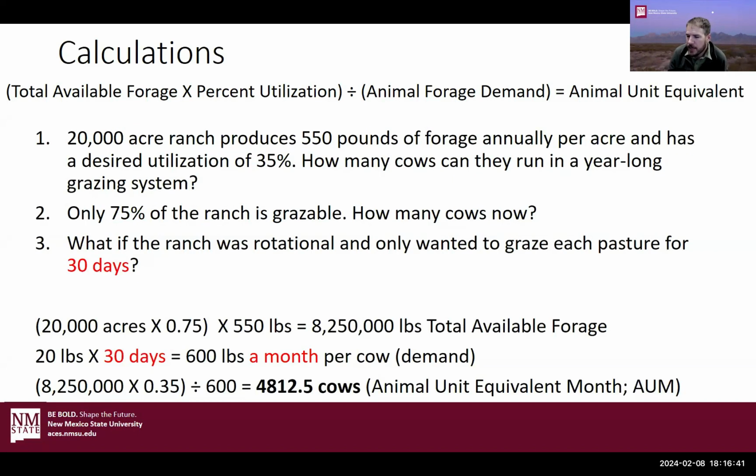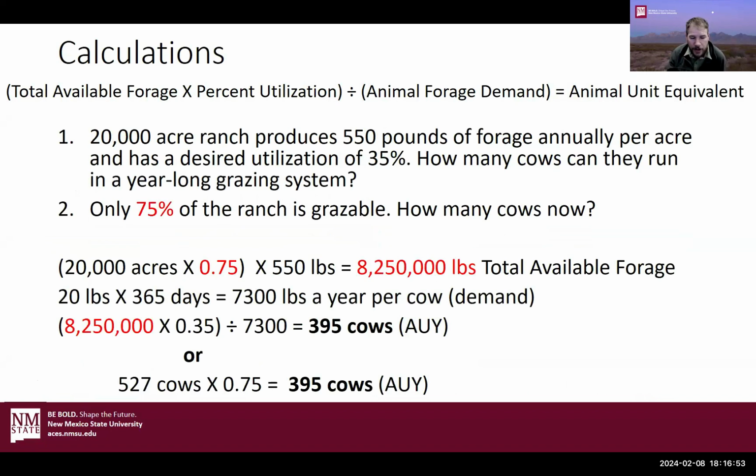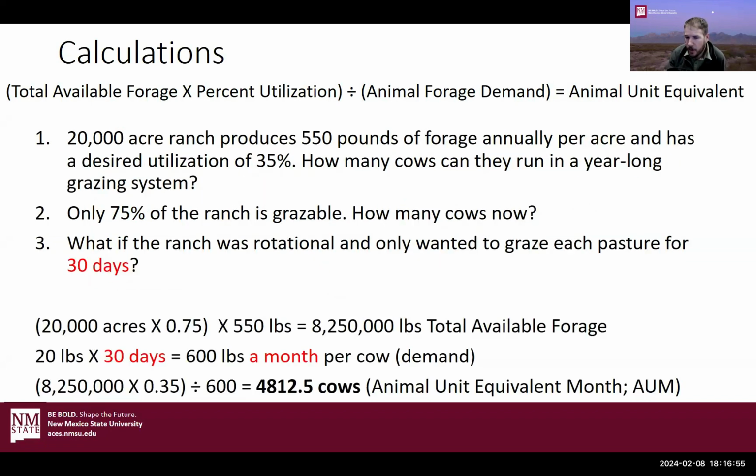This one is an animal unit equivalent month. So I picked 30 days specifically because that's an animal unit month. So instead of running 395 cows all year, we can run 4,812.5 cows on that one pasture for 1 month.